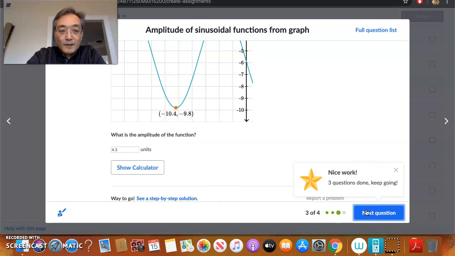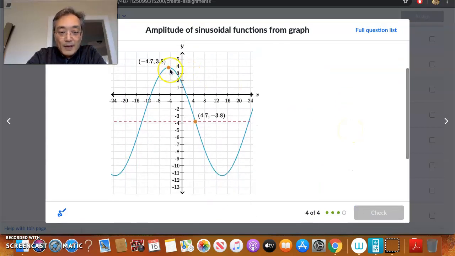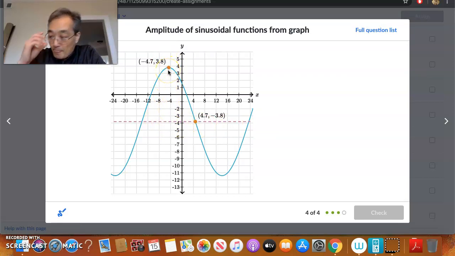Okay, and one more. Here we're given a maximum point, and we're given a point on the midline, which is nice. So again, the vertical distance from this midline to the maximum point is our amplitude.